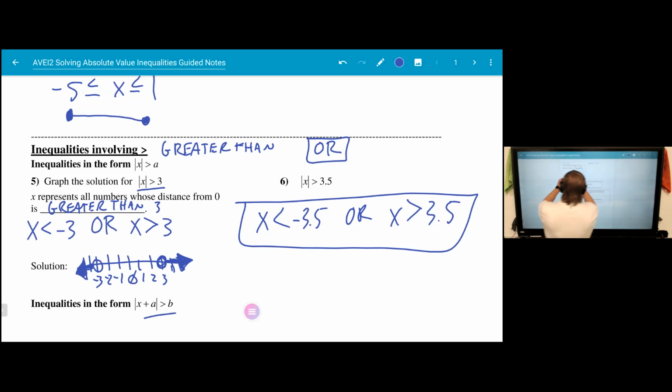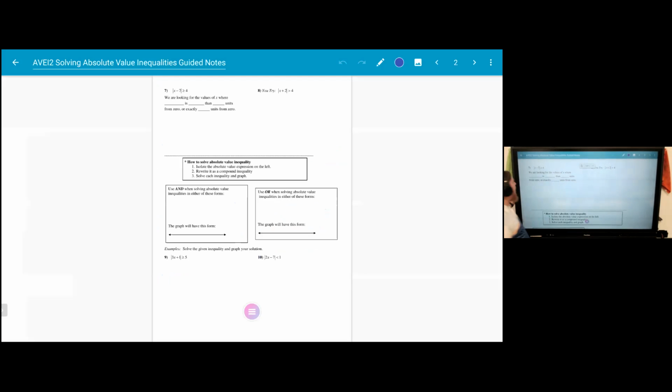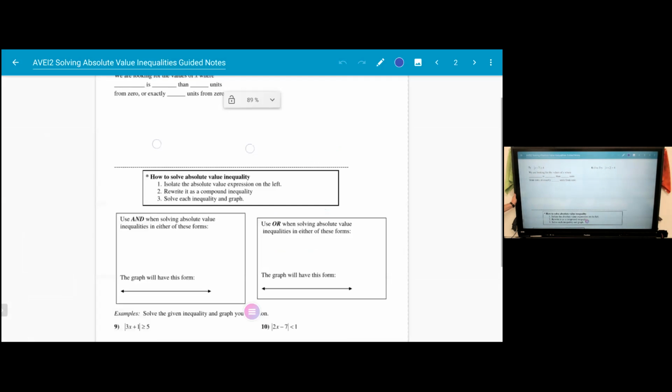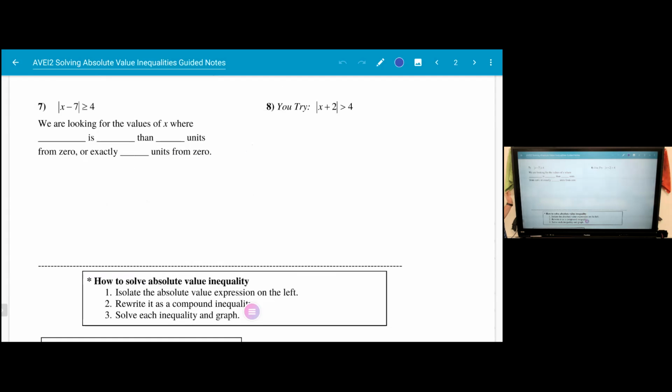Well, number 7, it says the absolute value of x minus 7 is greater than or equal to 4. We're looking for values of x where x minus 7 is greater than 4 units away from 0, or exactly 4 units away from 0.